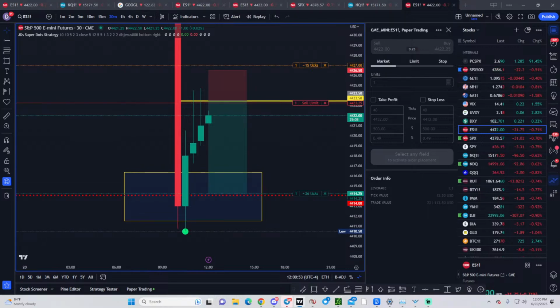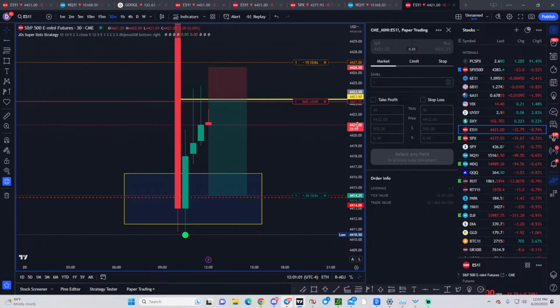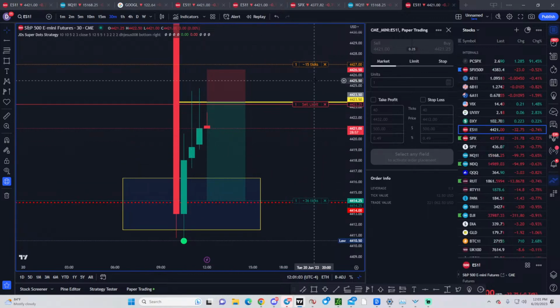So we wait here and see what happens. You don't want to front run targets. You don't want to get too aggressive and just send a trade without any reasoning behind it. A moment of silence here while I wait. So we'll see what happens.